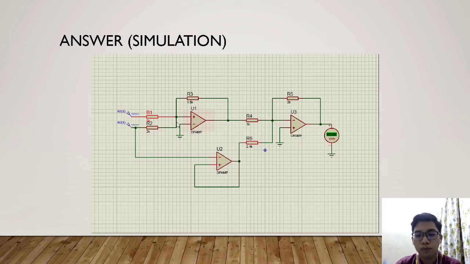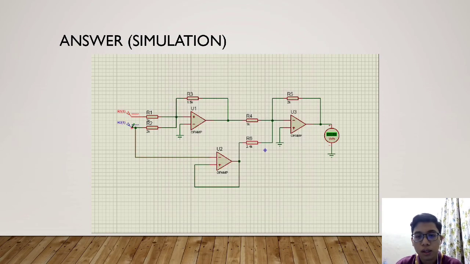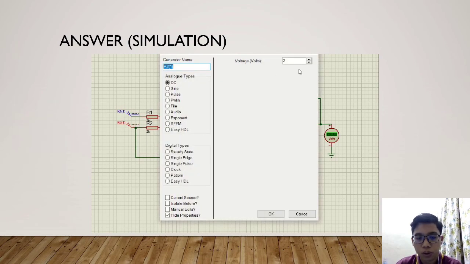For the DC voltage supply, we set 4 volt for voltage supply 1 and 2 volt for voltage supply 2.